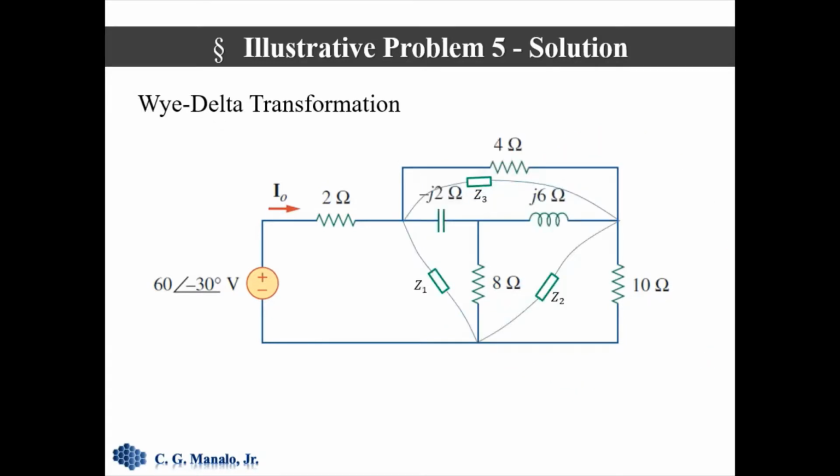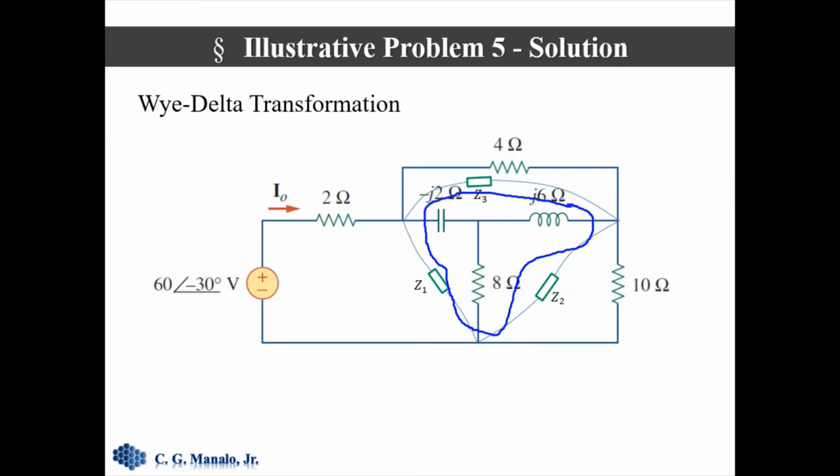Or we could treat this part of the circuit as a Y combination. So we could replace that by a delta represented by Z sub 1, Z sub 2, and Z sub 3.